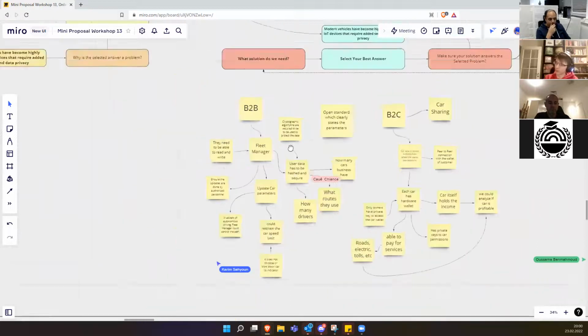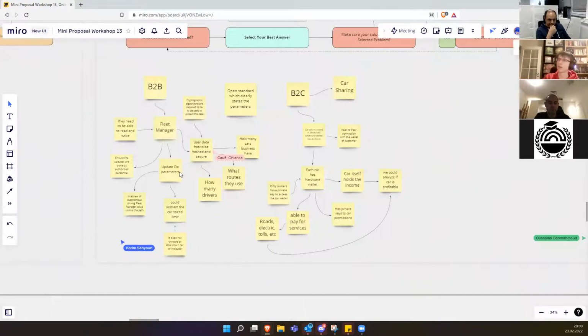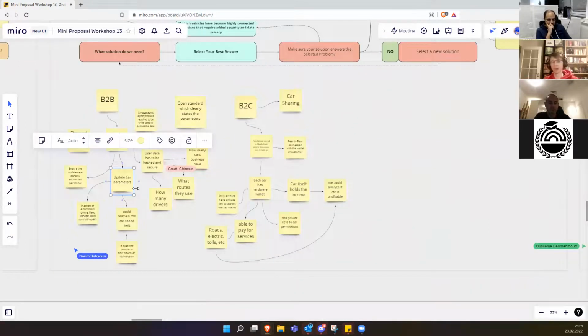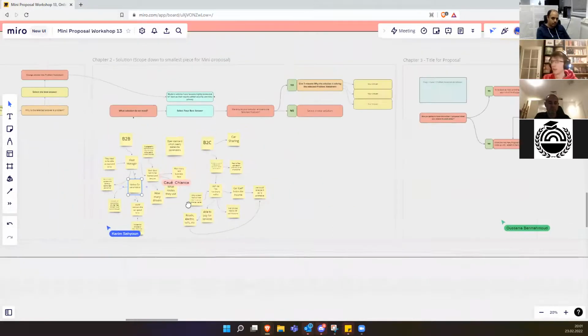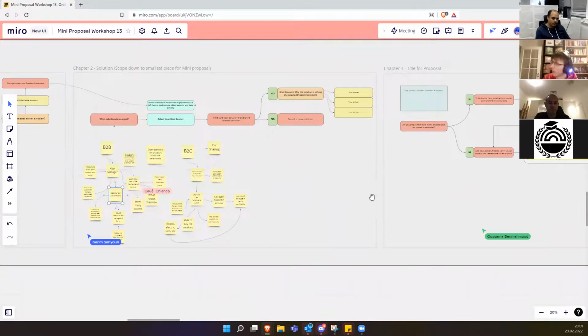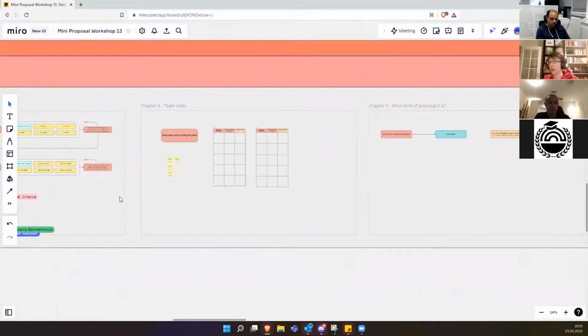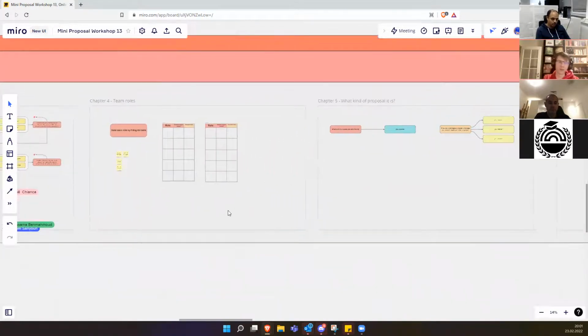Once you select one of those, let's assume we pick the car parameters, and we just want to make an open standard that we could use, so that hundreds of different car models could all use the same standard. That's the whole proposal. You write: this is the title, it's about the car parameters, and this is the team I'm going to work with.